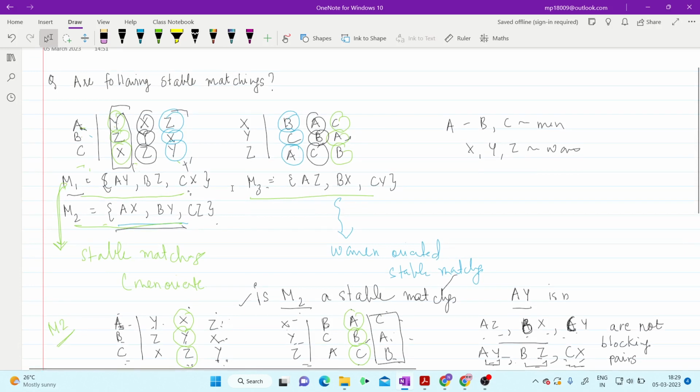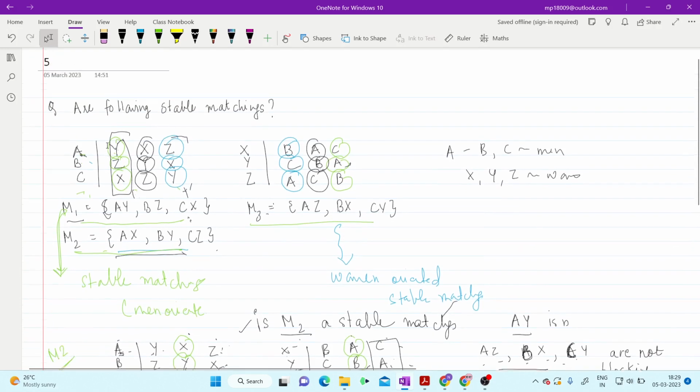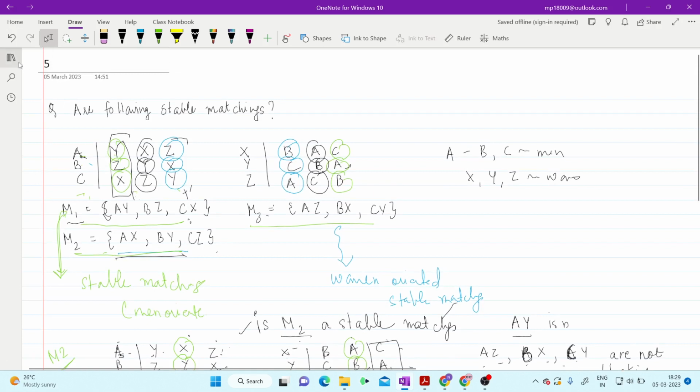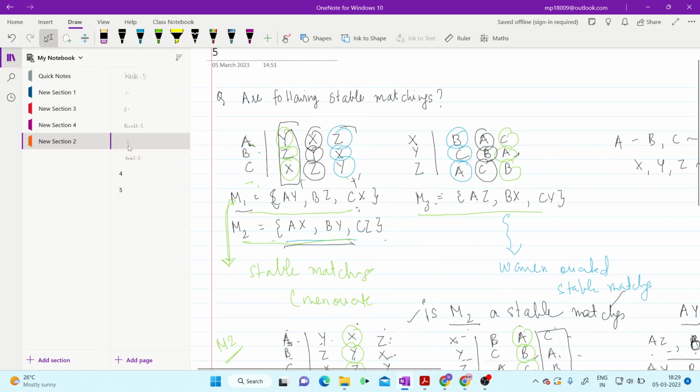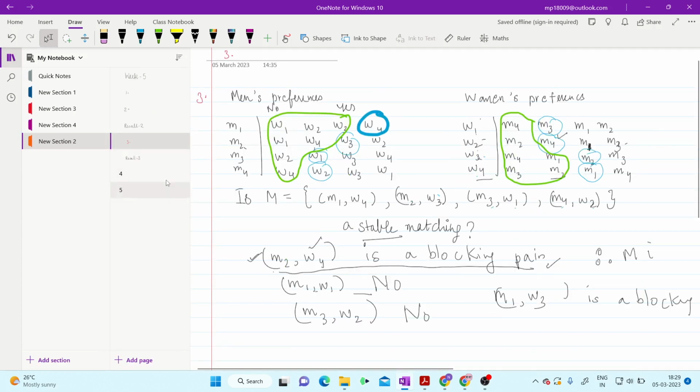So I did not see any example having the same preference order in these problems 3, 4.